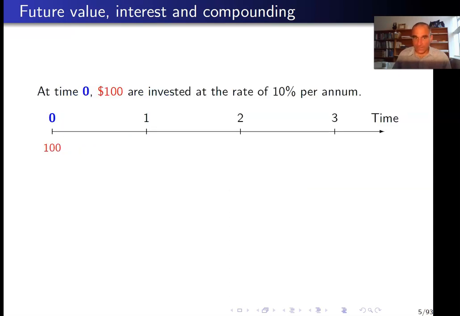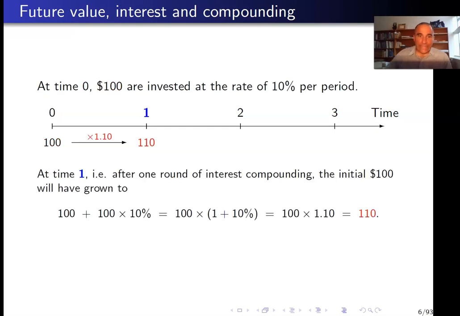At time zero, $100 are invested at the rate of 10% per annum or per period. At time one, after one round of interest compounding, the initial $100 will have grown to 100 plus 100 times 10%, 110.